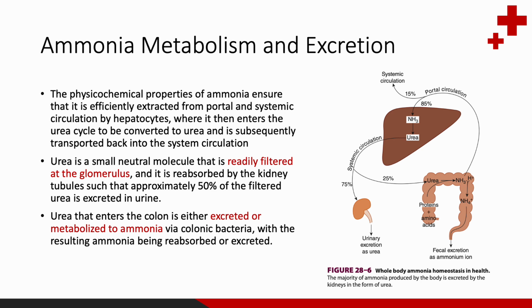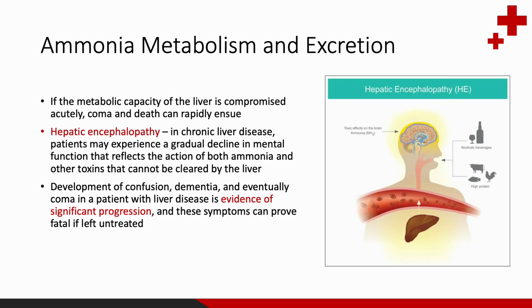Urea that enters the colon is either excreted or metabolized to ammonia via colonic bacteria, with the resulting ammonia being reabsorbed or excreted. If the metabolic capacity of the liver is compromised acutely, coma and death can rapidly ensue.